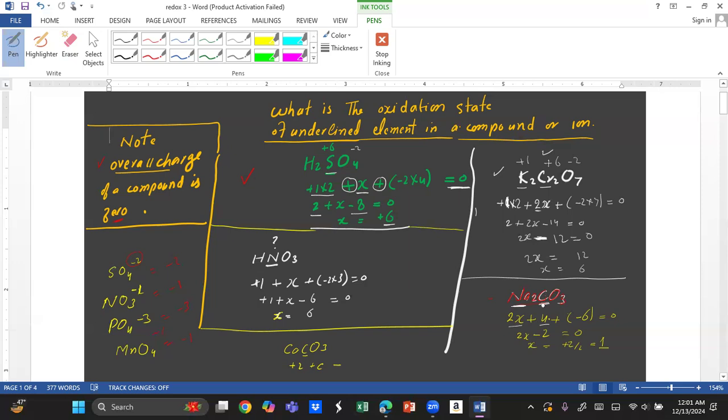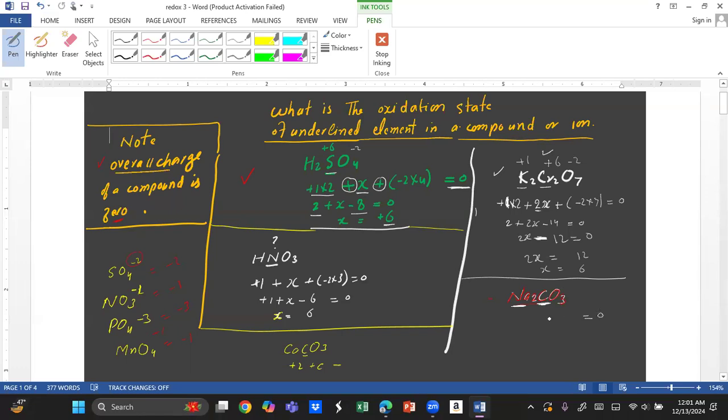In this type of compound, most of the time you will be asked to find the oxidation state of carbon because it is variable. As for sodium, you already know it is positive 1. I think we should change it. We will find it for carbon, okay?